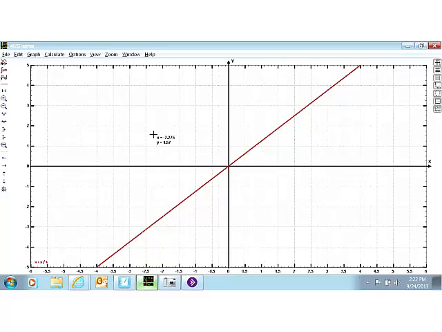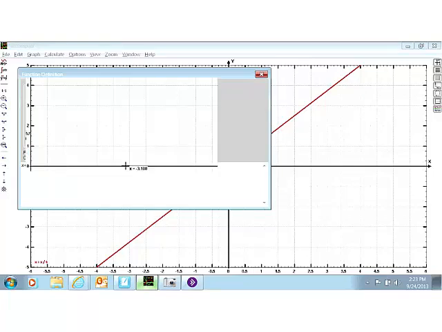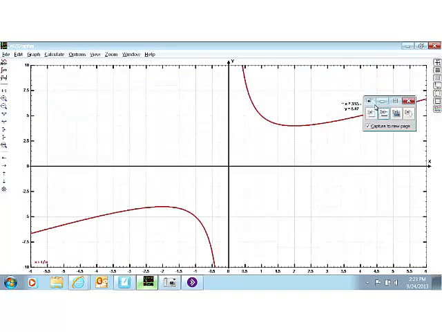So what's going on here? I think I did something wrong. Oh, x plus 4 over x. Okay. So if I do that, there we go. Okay, so let's take a picture.